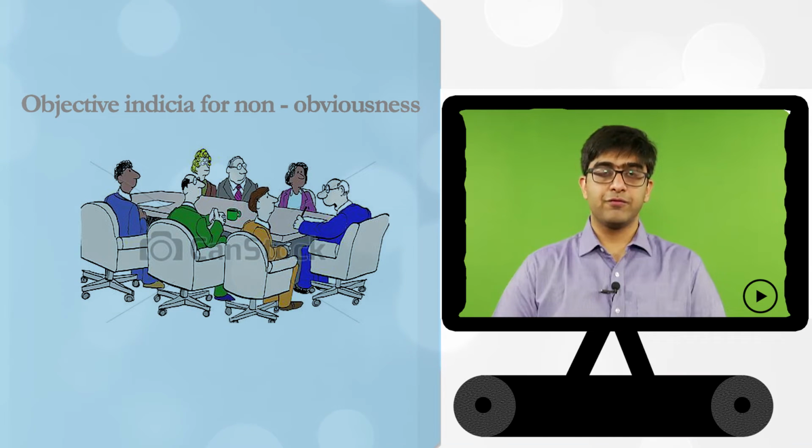The test laid down in this regard is whether there is any prejudice in the prior art, and whether a person skilled in the art would be led away from the invention. The next concept that we will discuss today is objective indicia of non-obviousness. As you may recall, we just discussed the concept of hindsight bias.